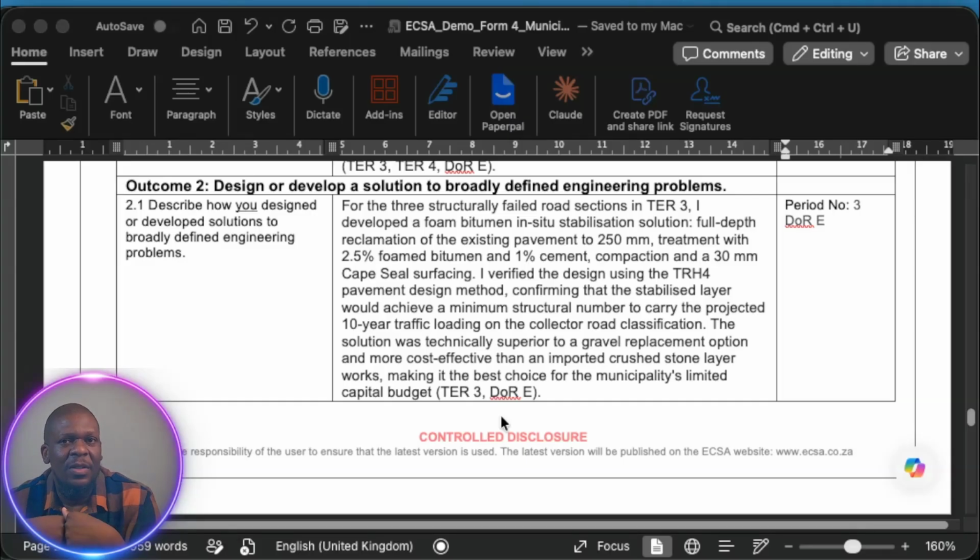You performed full depth pavement treatments. You also performed reseal. You also performed stabilization in terms of 1% stabilization. So you presented 3 options.